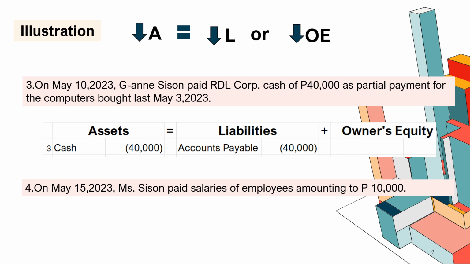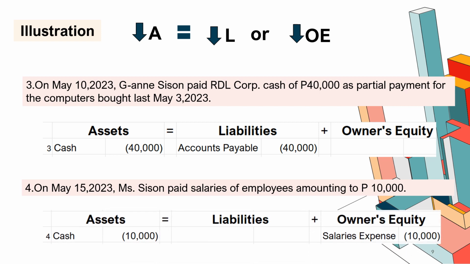And the other one is salaries, that's an expense, and that's actually affecting our owner's equity. So using the same equation, under assets we have a negative 10,000 of cash, and under owner's equity, salaries expense, the same negative 10,000. So I hope you can follow with our discussion.